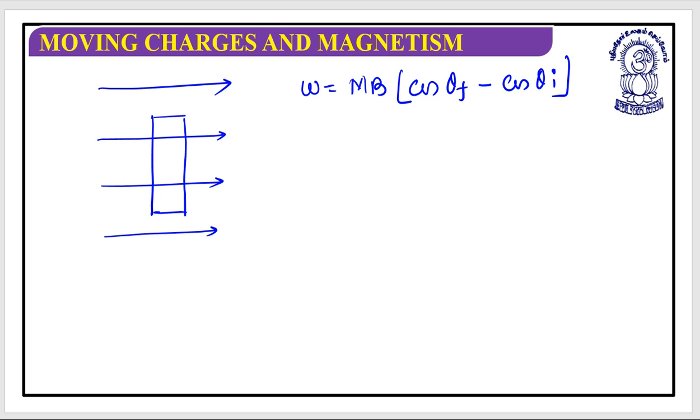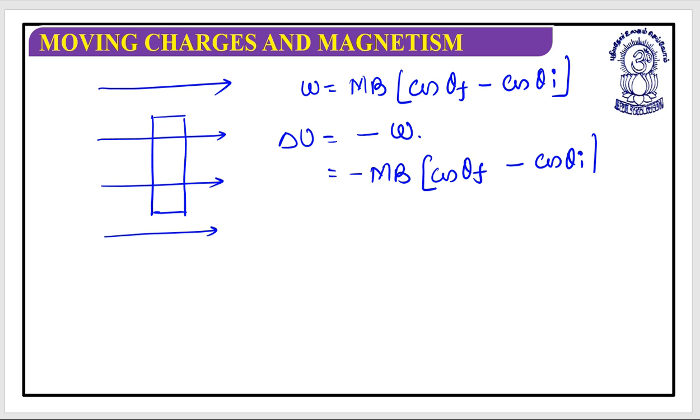We also know that delta U, the change in potential energy, could be written as minus of work done. So this could be written as minus of mB into (cos theta final minus cos theta initial). I hope this is clear.